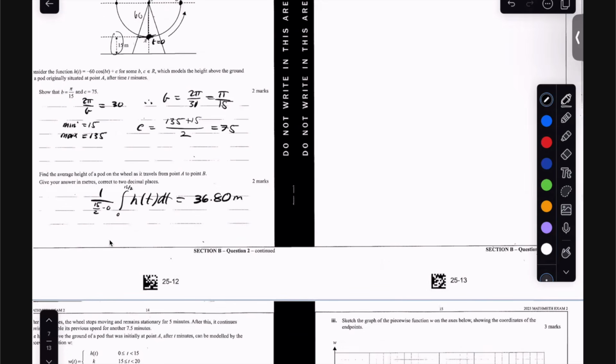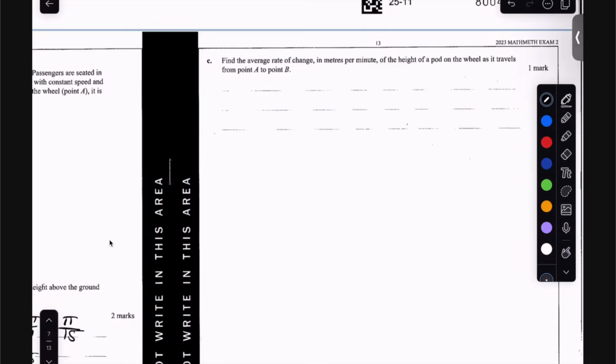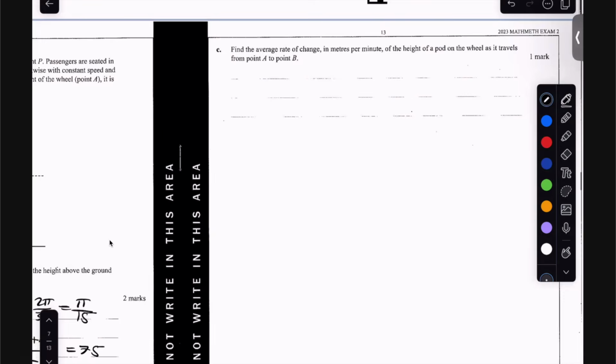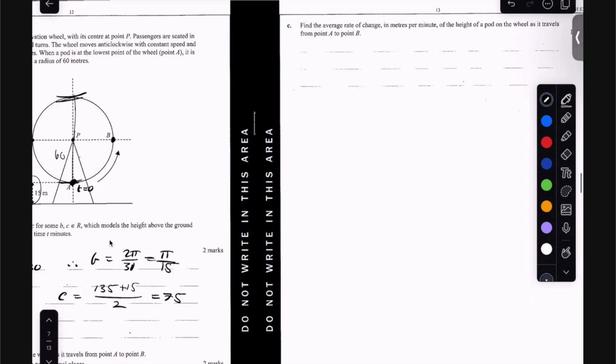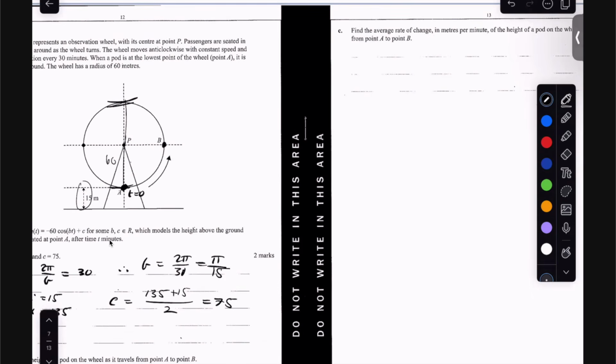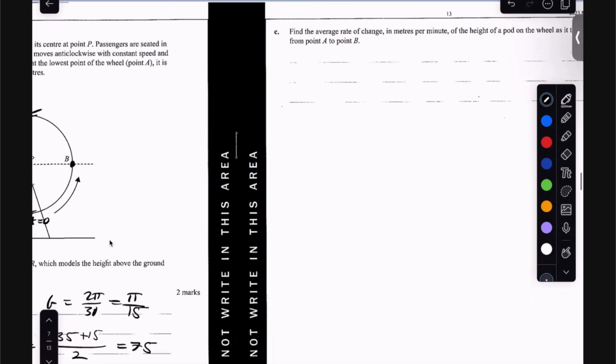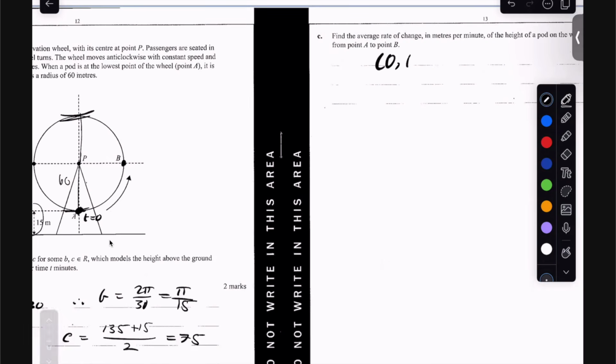The next question, find the average rate of change on the wheel as it travels from point A to point B. Okay. So the 2 points are 0, 15, and the height here is just 60 plus 15, which is 75.